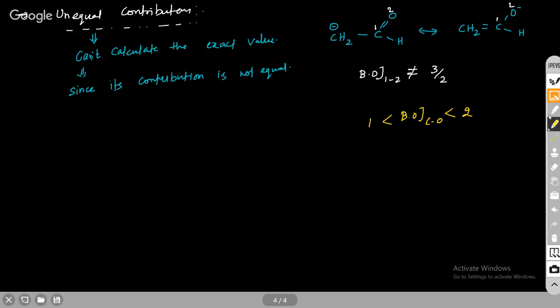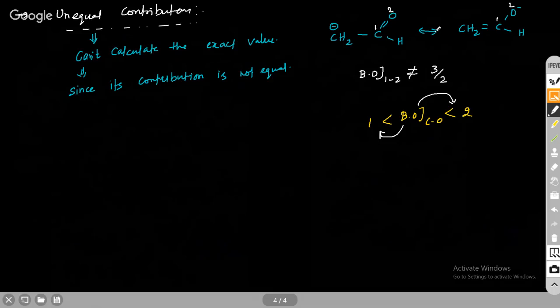Whether it will be close to 1 or close to 2, it depends on the stability of this structure and this structure. Since it is unequal contributors, one will be the major contributor, the other one will be the minor contributor. And how do we define that, major and minor contributors?